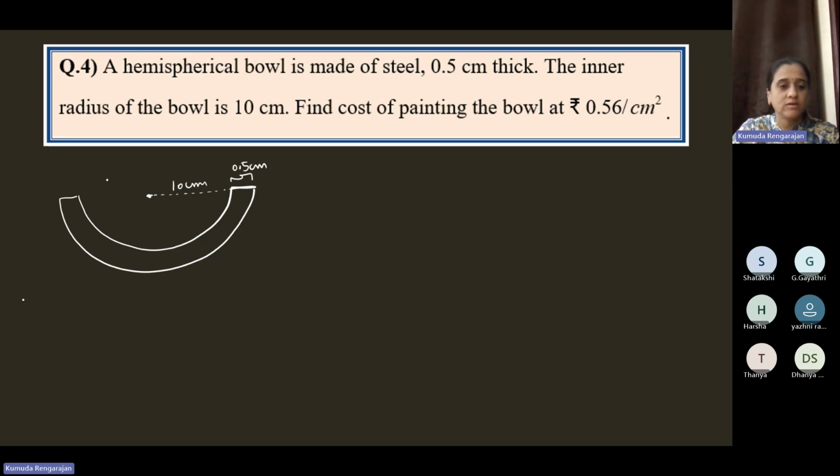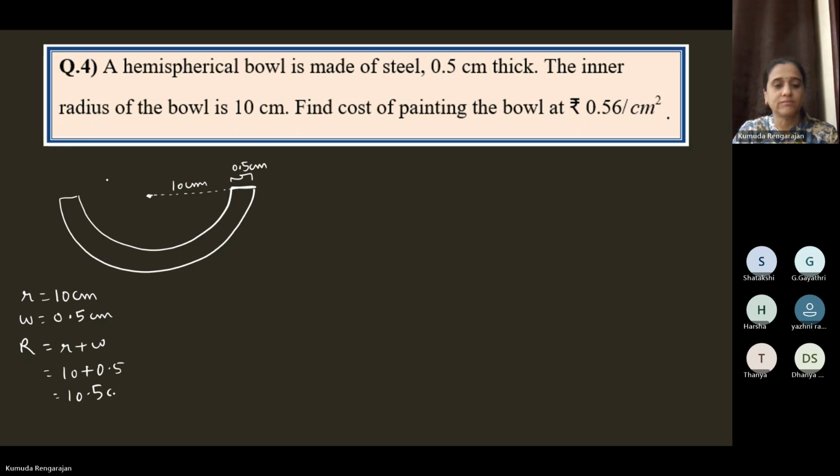So small r is 10 centimeters, the thickness is 0.5 centimeters. So the value of capital R is inner radius plus the thickness, 10 plus 0.5, 10.5 centimeters.